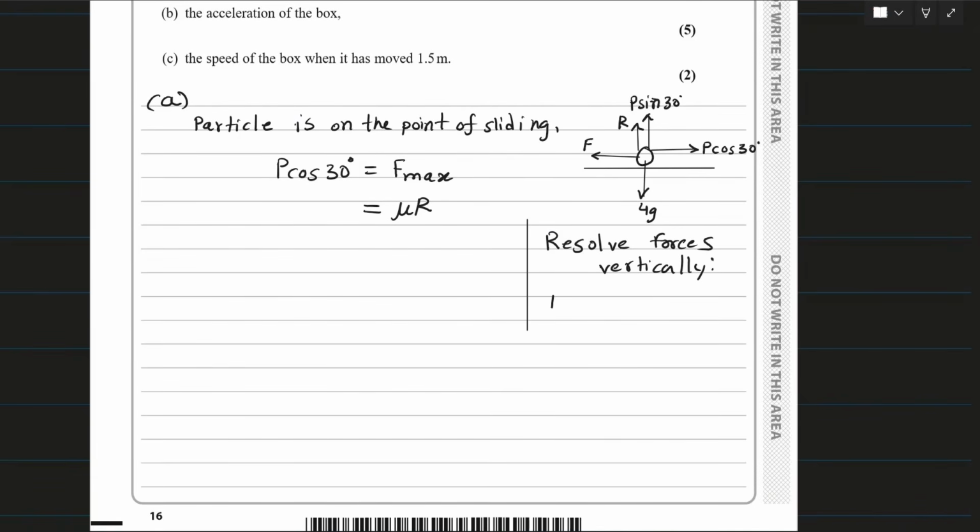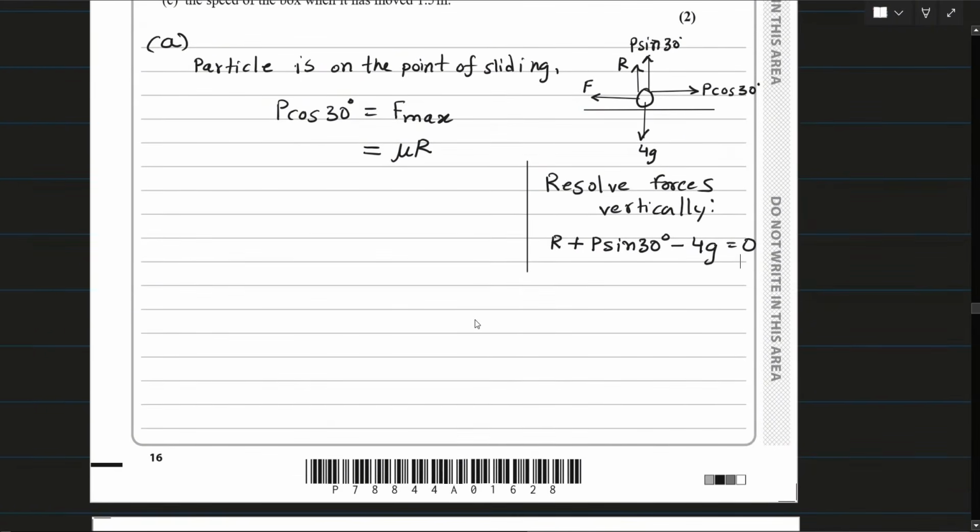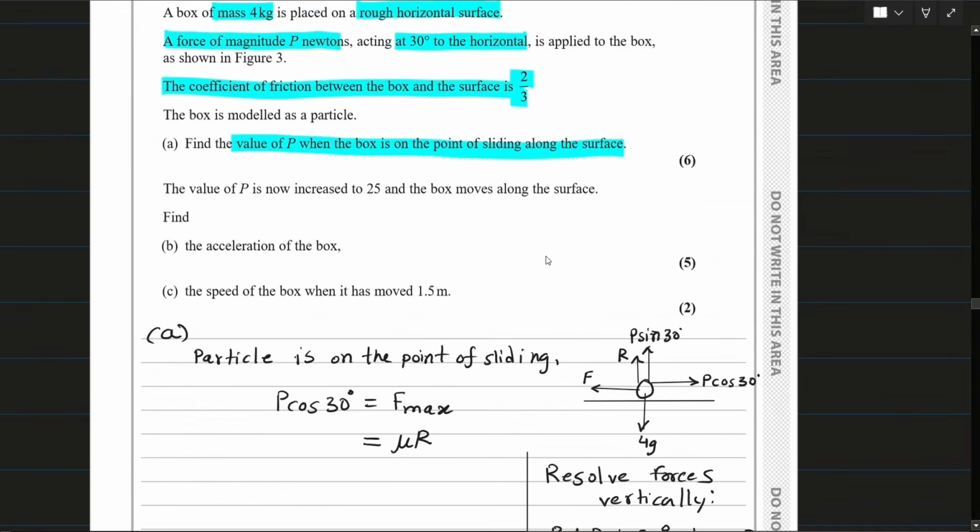In vertical forces we have the reaction force, which is upwards, and we also have P sine of 30, which is also upwards. And then we have the weight, which is acting downwards, so minus 4g. Resolving this gives us 0. All the vertical forces add up to 0. So from this we can find the value of our reaction force, which is equal to 4g minus P sine of 30. From the question we also know that mu, the coefficient of friction, is given as 2 by 3.